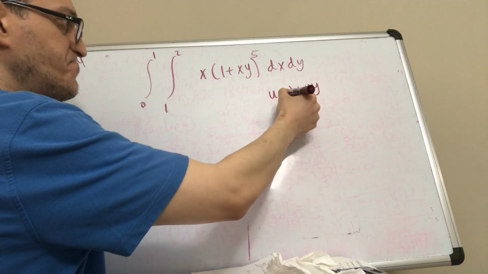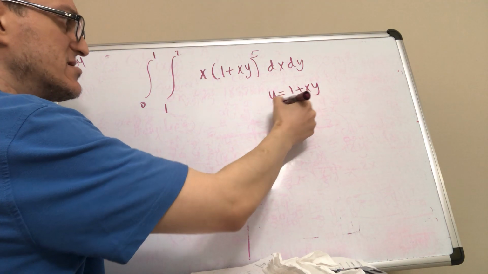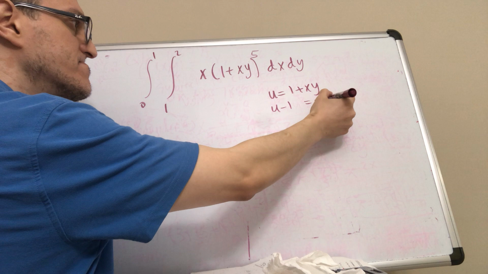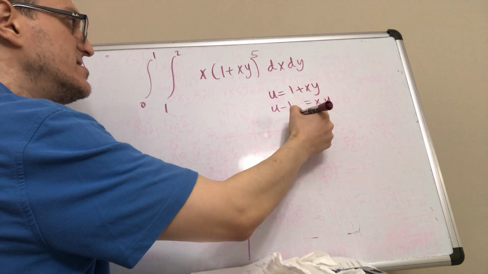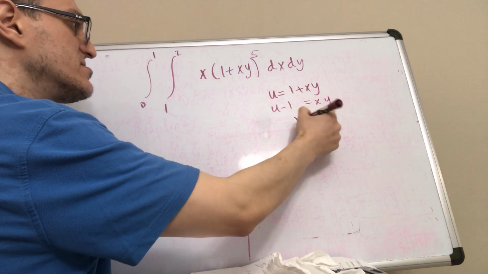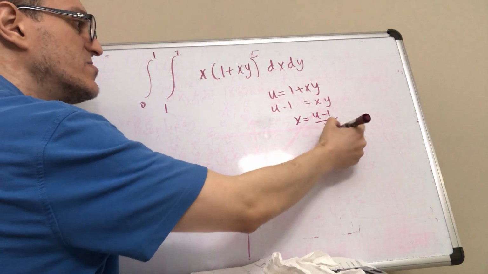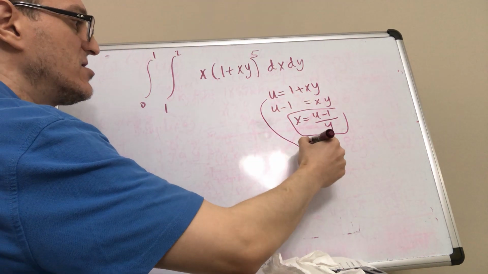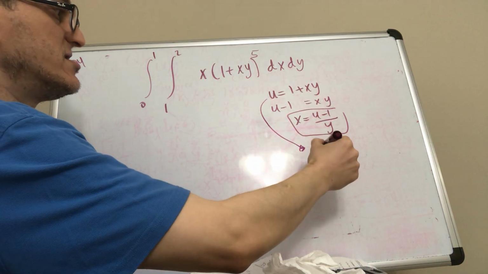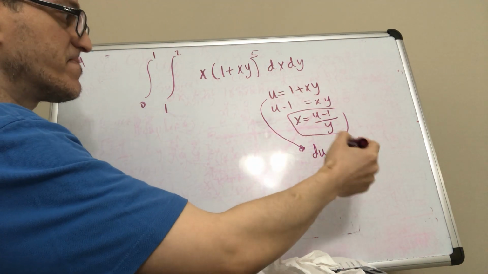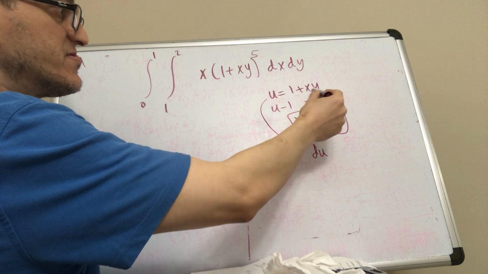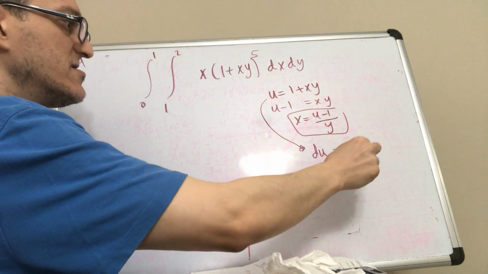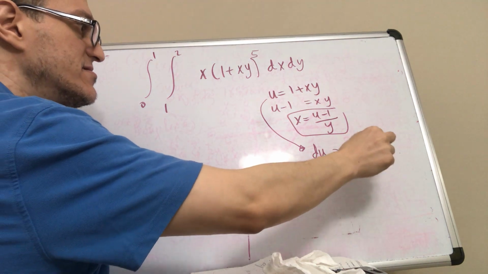Then I'm going to solve for x, so it'll be u minus 1, and x is u minus 1 over y. I also need to find my du. Derivative of this with respect to x, everything is with respect to x, would be y dx.